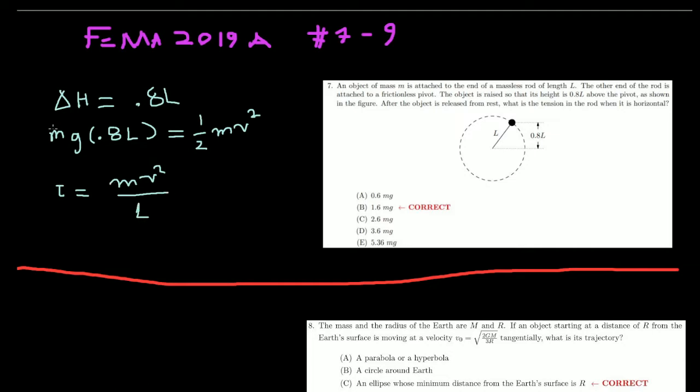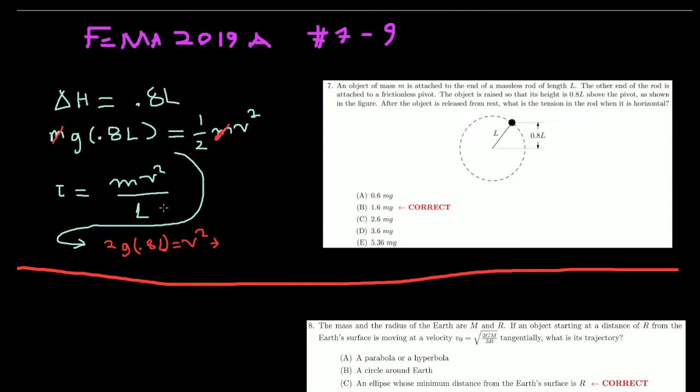So now we can just solve for v in terms of these variables, and we'll have the m's cancel here and get 2g 0.8 L equals v squared.